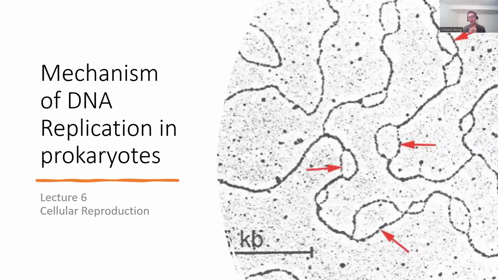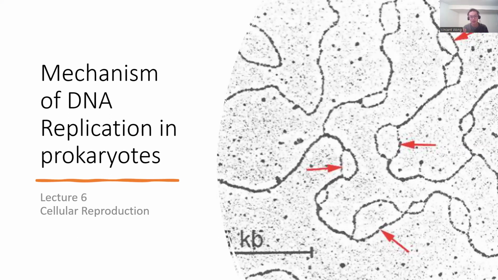Scientists have a good understanding of the replication process in prokaryotes, primarily from studying E. coli. Again, they're easy to grow and divide very rapidly, so you can observe it readily. It turns out the eukaryote replication process is very similar to the prokaryotes, but a little bit more complex.